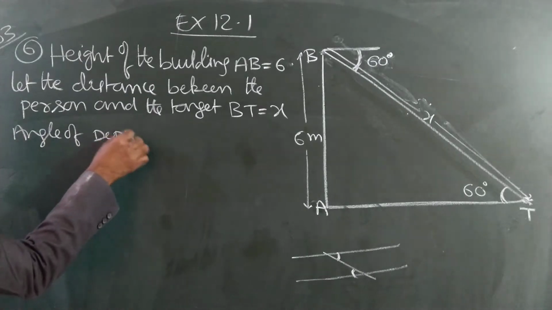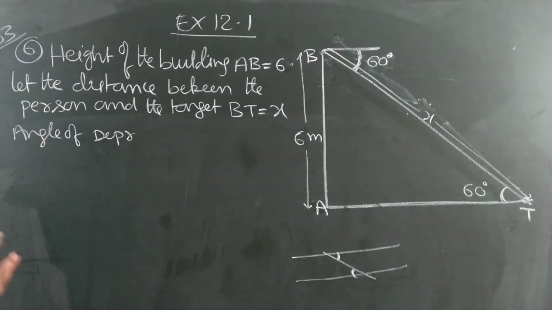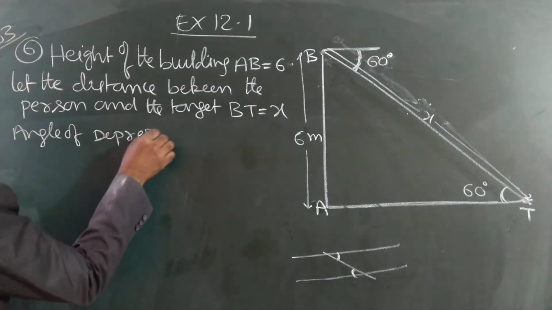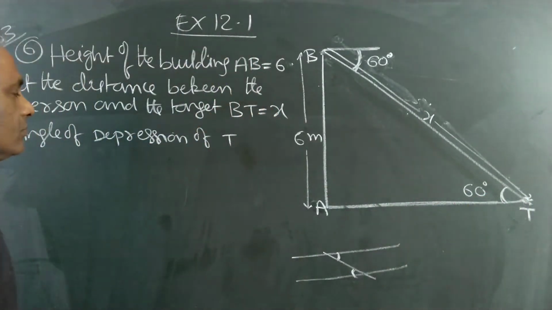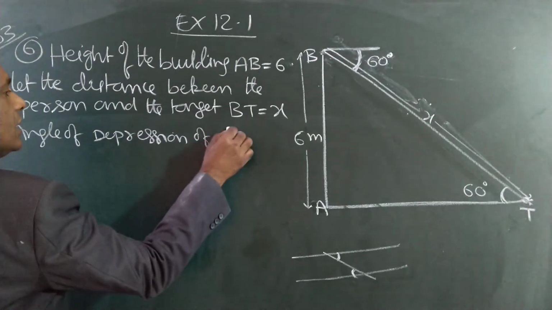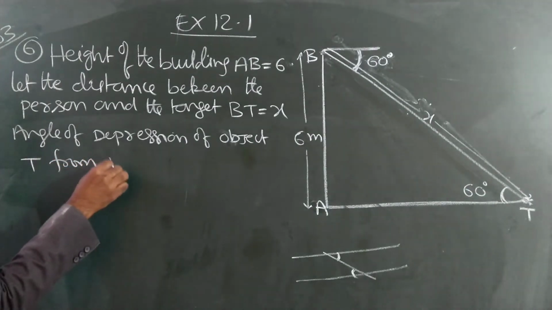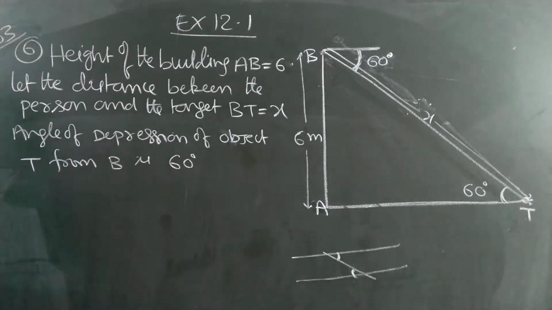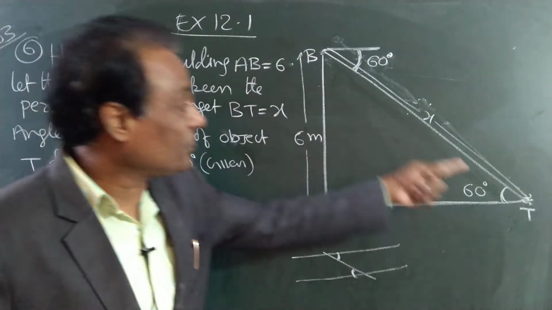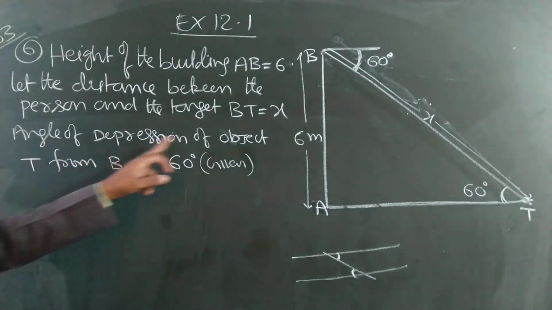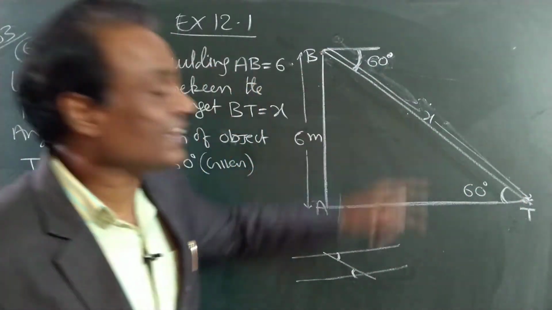Whatever question is given, that I am writing. I am writing only some steps; I have not started the problem. The angle of depression of the object T from B is 60 degrees, given.